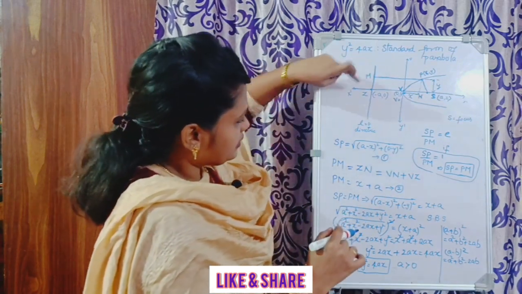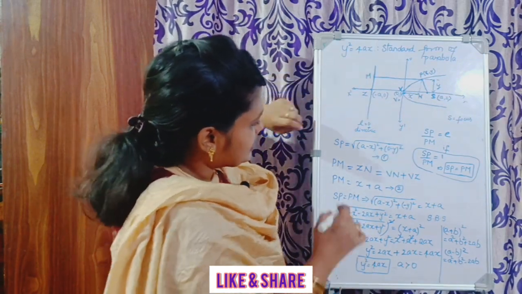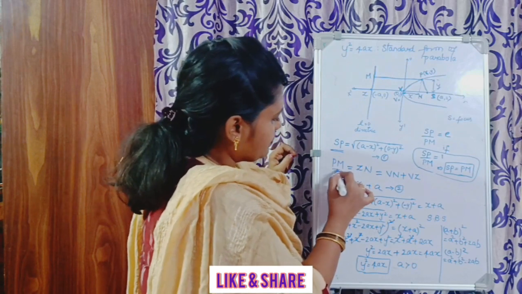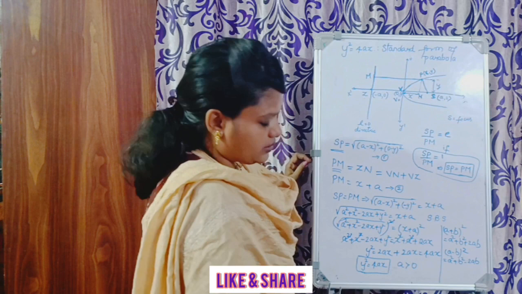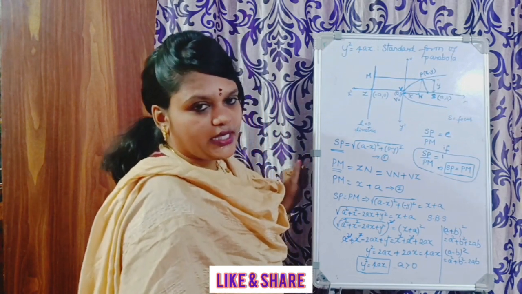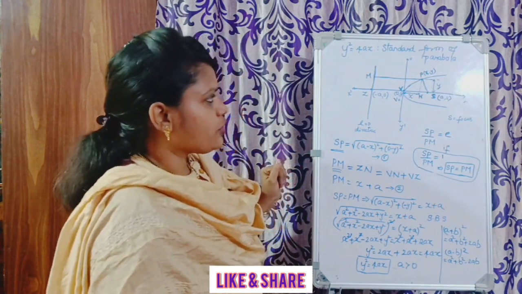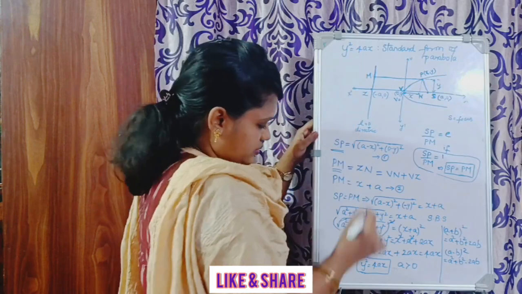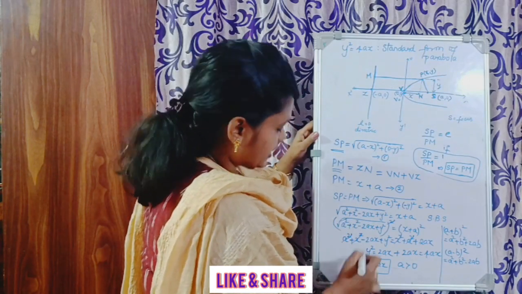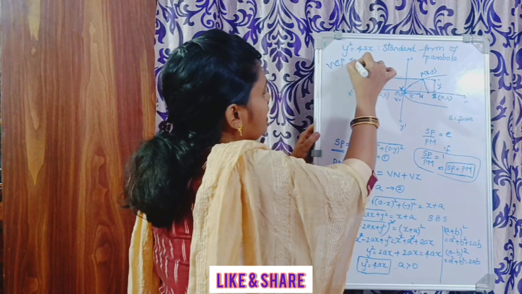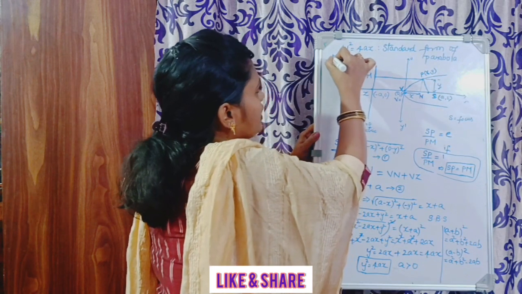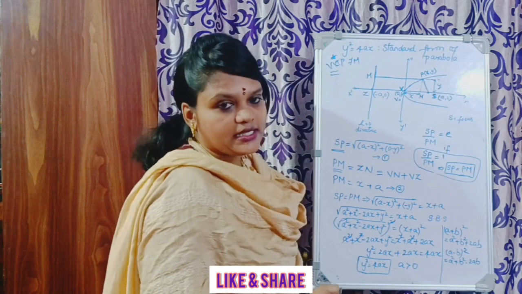Then by applying the diagram details, you need to find SP and PM, then equate these two. Finally, you will get y square is equal to 4ax. This is the required equation of the parabola. Very, very important problem for 7 marks. Definitely you can expect this question in your main exams.